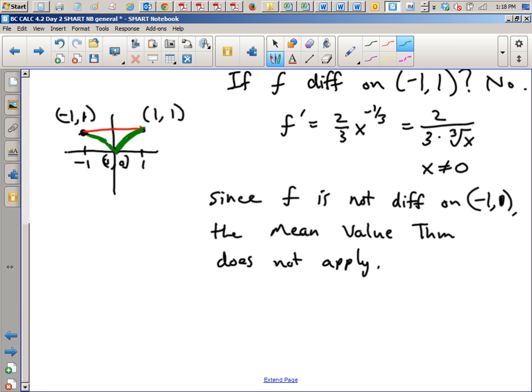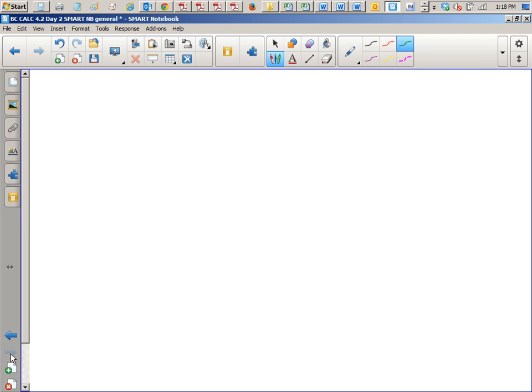All right, let's do the same problem, same question, but change the domain. Okay. Now consider f equals x to the 2/3 on the interval 0 to 1. Last time I went from negative 1 to 1.